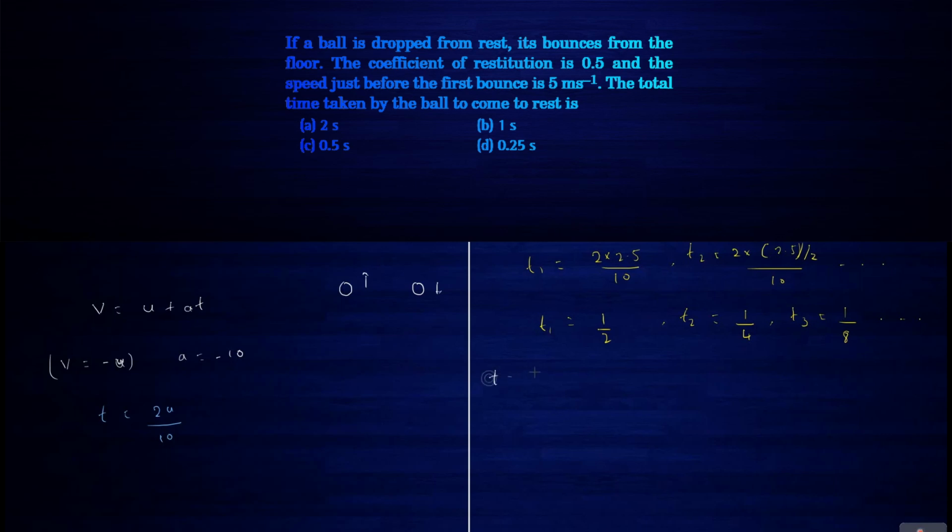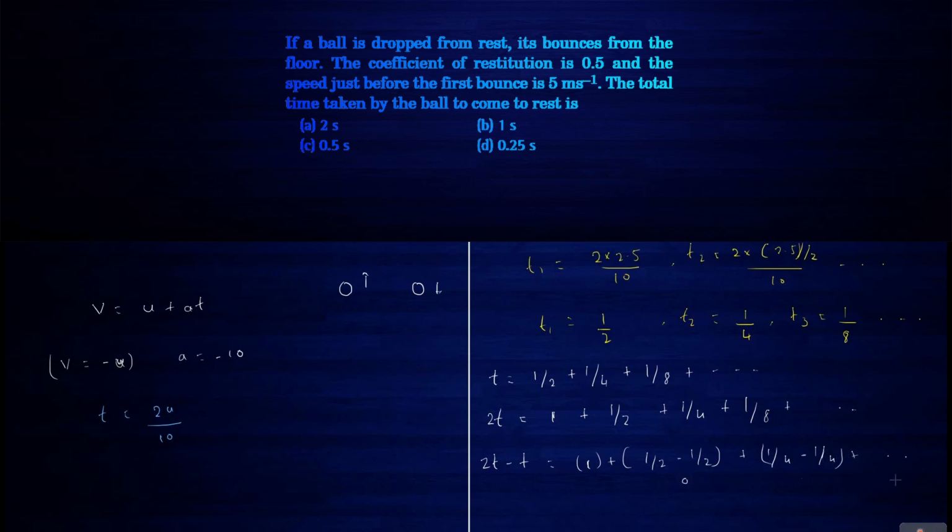So T equals 1 by 2 plus 1 by 4 plus 1 by 8 plus so on. Consider 2T, which equals 1 plus 1 by 2 plus 1 by 4 plus 1 by 8 plus so on. 2T minus T equals 1, and then 1 by 2 minus 1 by 2 plus 1 by 4 minus 1 by 4 plus so on.